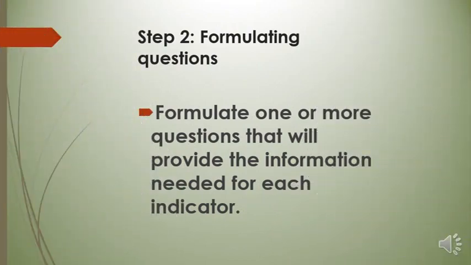Step 2, formulate one or more questions that will provide the information needed for each indicator. Sometimes you will need to write a set of questions, not only one per indicator. Why? Let's see why.